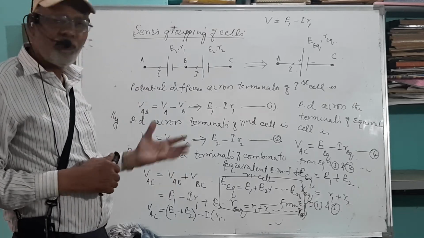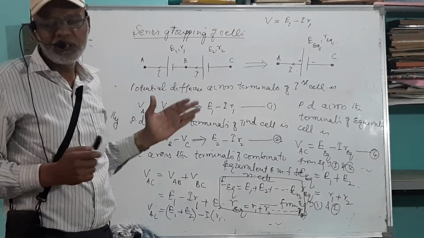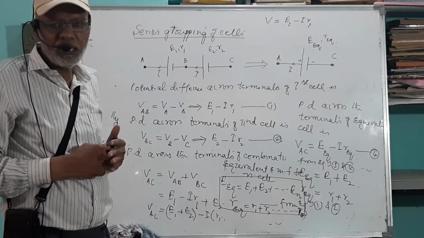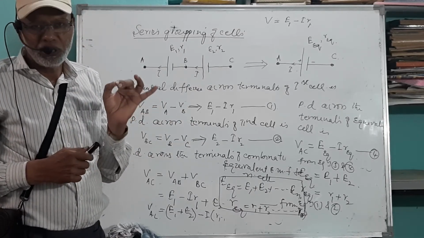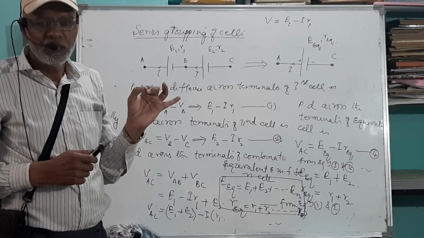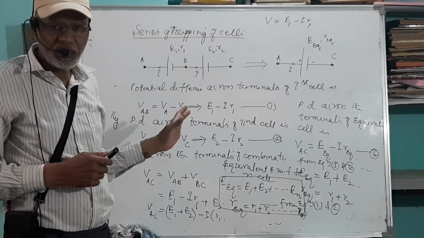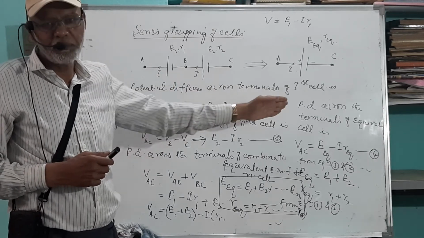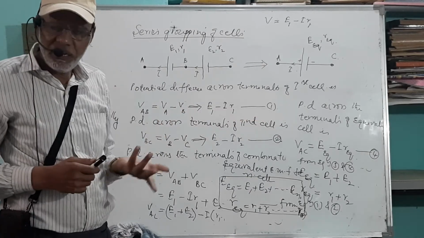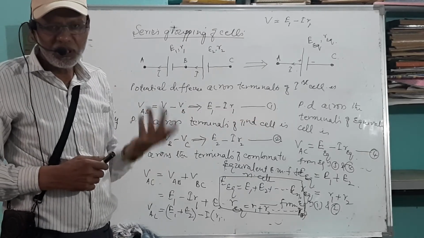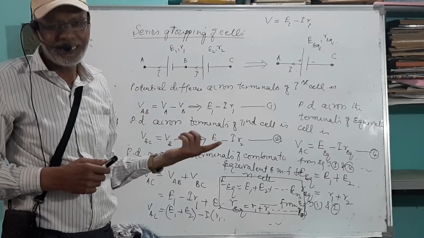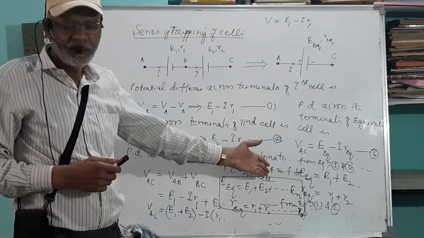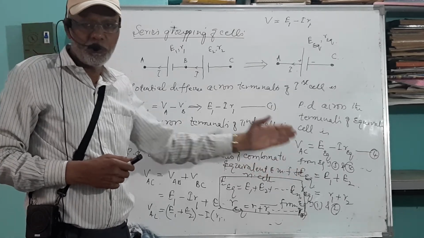First, you have to find the potential difference across the terminals of the first cell, so you get an expression for it. Similarly, you find the expression for the potential difference across the second cell, which you can call equation 2.